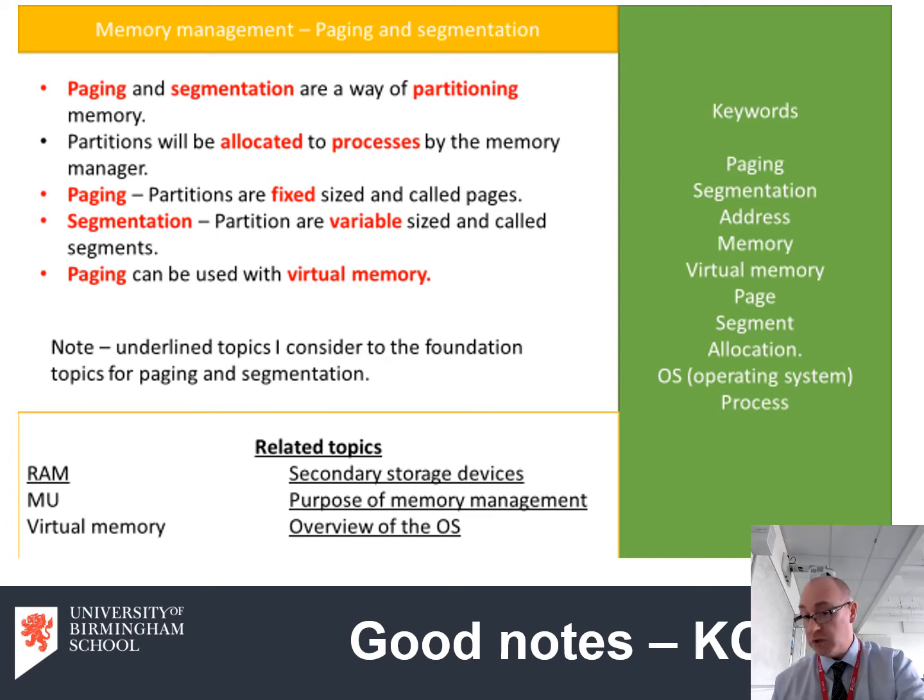Related topics is useful because if you think, well, okay, what does this link in with? What other topics in computer science can it link to? Well, that might mean it's part of that question then. So for example, if I've got a question which includes paging and segmentation, it might be part of a wider question talking about RAM, ROM and secondary storage.